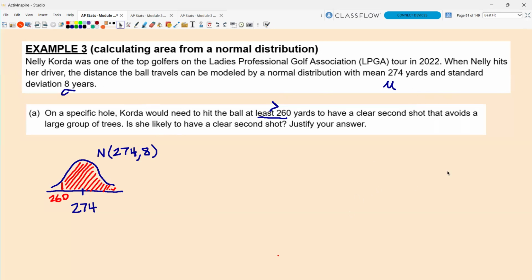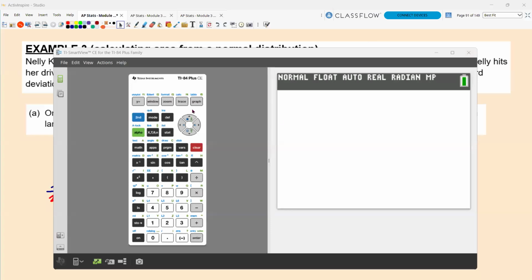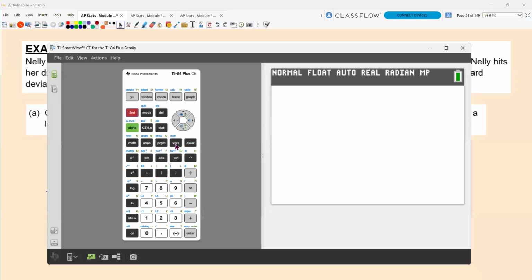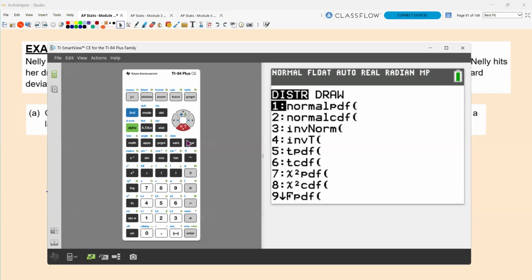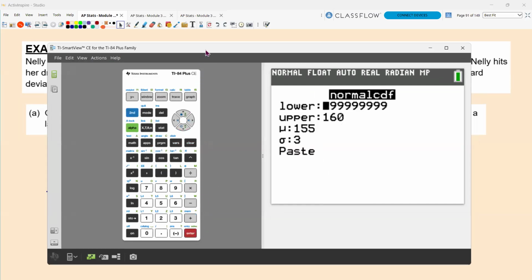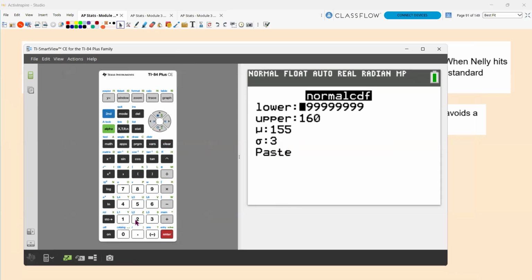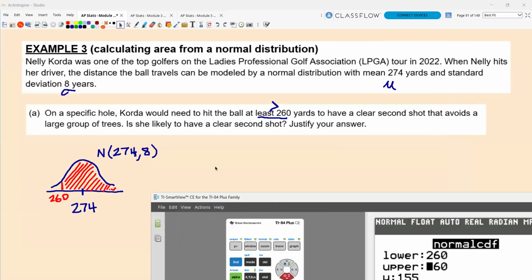Next thing I'm going to do is go to normal CDF one more time. Our inputs this time are going to be a little bit different because we're going to the right. Your lower bound will actually be the value that you were given, so 260 will be here. Your upper bound will be all the way to the right, so that's going to be positive infinity.